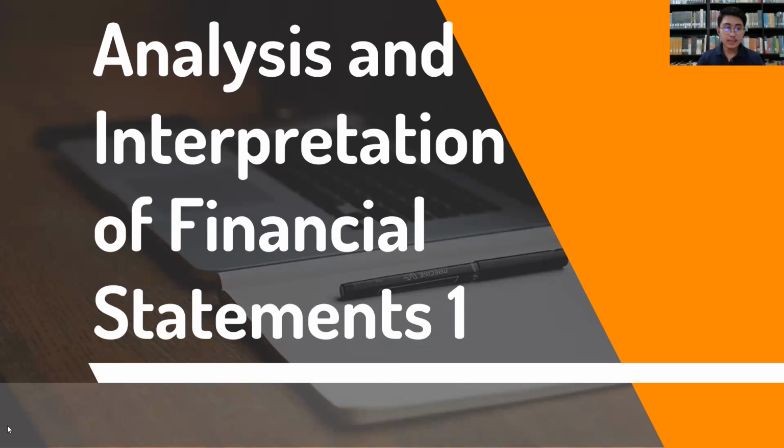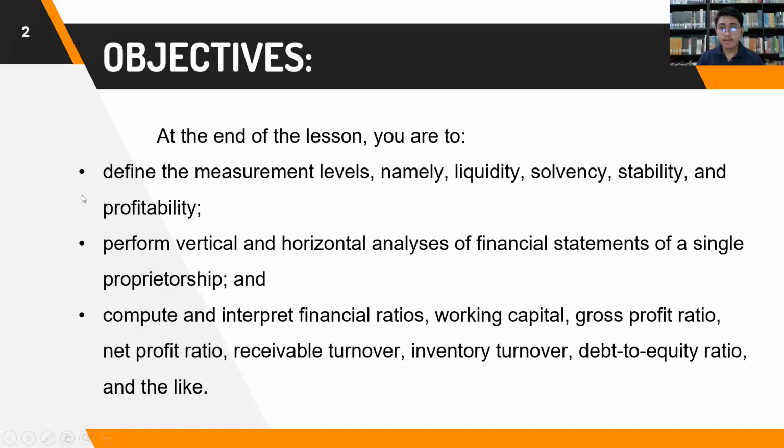Before that, let us proceed to the objective of this lesson. At the end of the lesson, first, you need to define the measurement levels, namely liquidity, stability, and profitability.